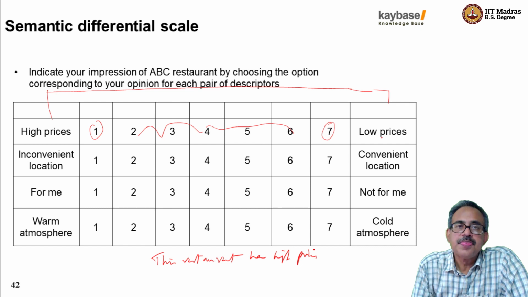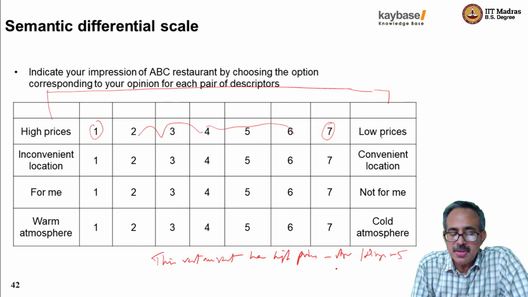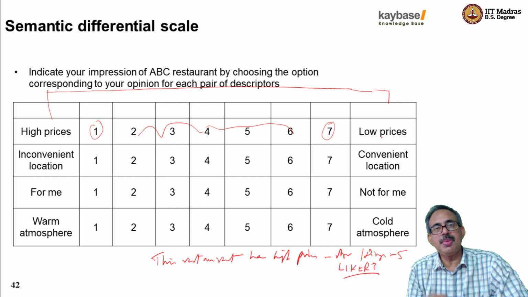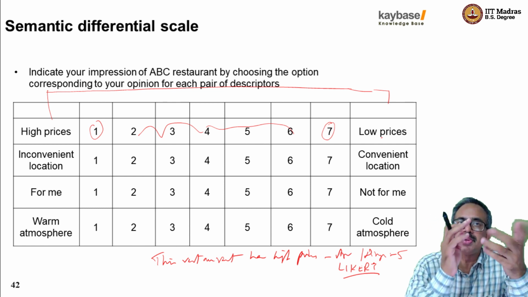And you can ask him, do you agree or disagree? And you can make it a 5 point, strongly agree to strongly disagree. In which case it becomes a Likert scale. It's just a matter of which scale the researcher uses.